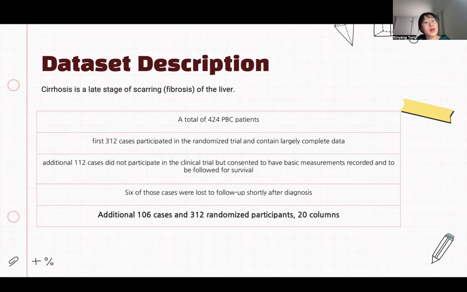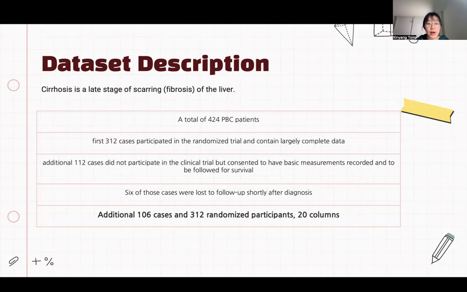Cirrhosis is a late stage of scarring of the liver, and this dataset has 424 data. The first 312 patients participated in the randomized trial and have complete data, and the additional 112 cases do not participate in the trial.